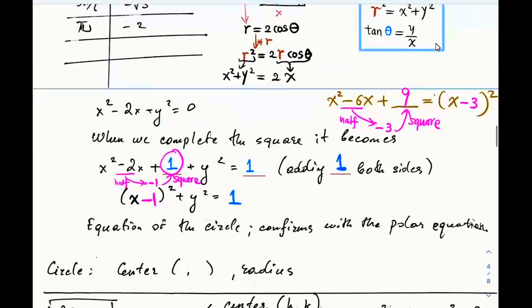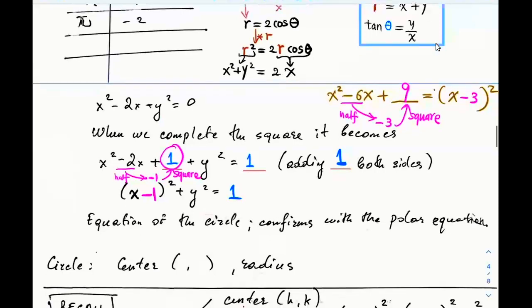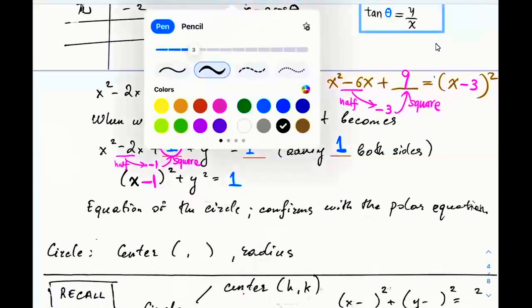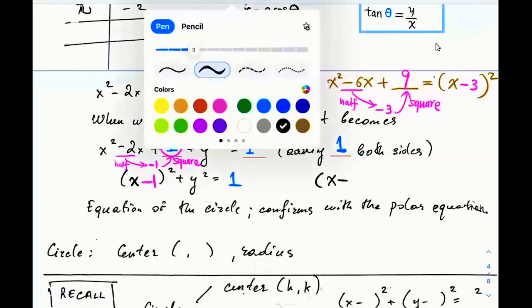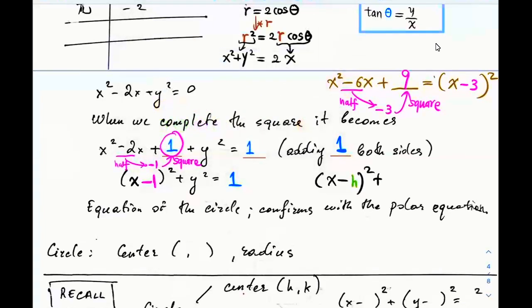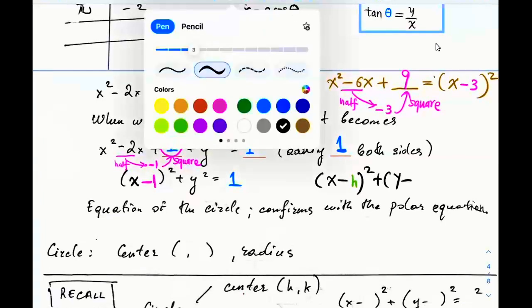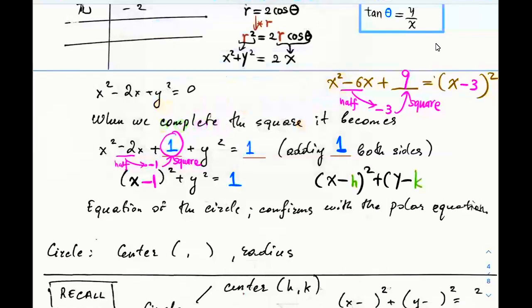Now, this is going to be the standard equation of the circle. Remember we talked about the standard equation of a circle, right? That was x minus h squared plus y minus k squared equal to r squared, right? So that's the standard equation for a circle. So this one here is in the standard equation form.